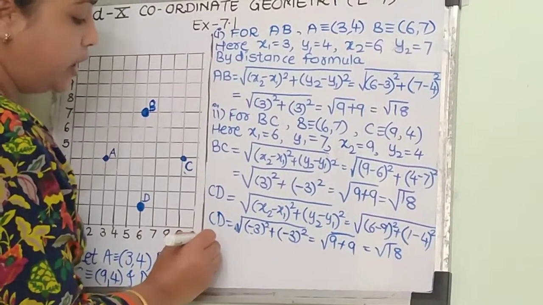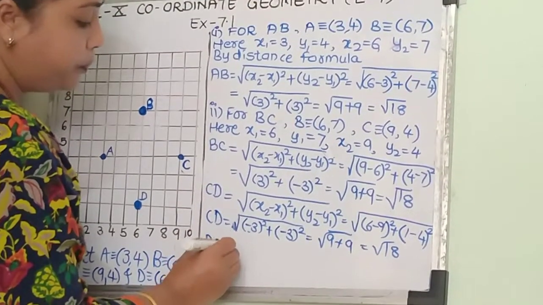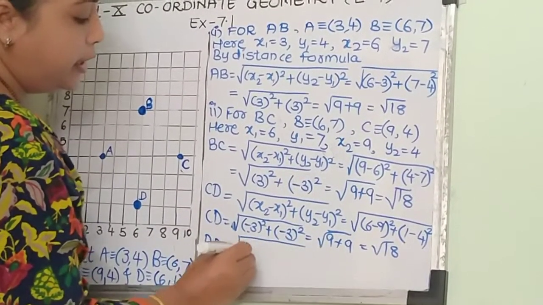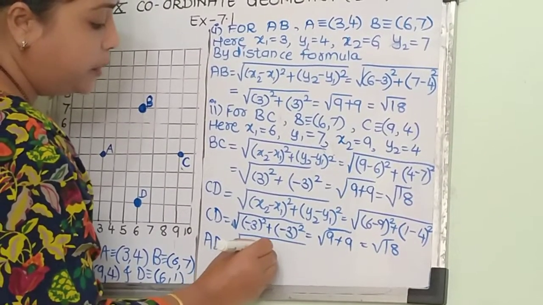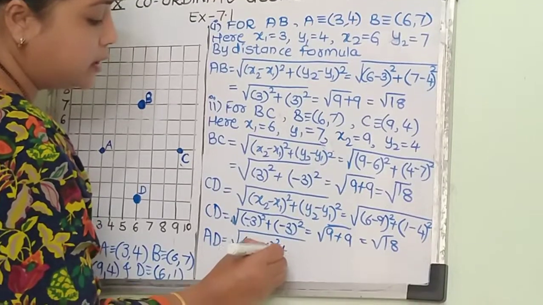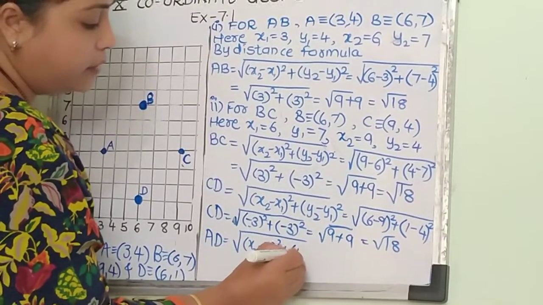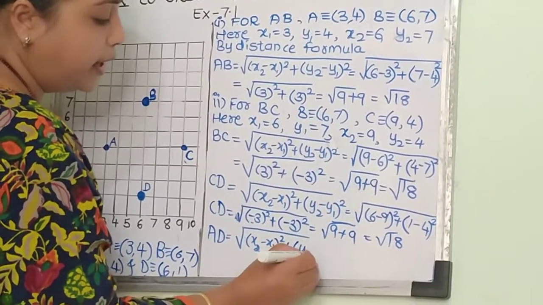And lastly we have to find AD. For AD, A's coordinates will be x1, y1 and D's coordinates will be x2, y2.